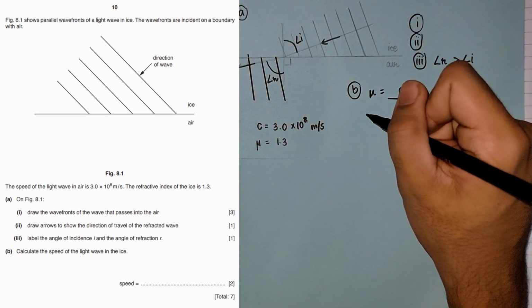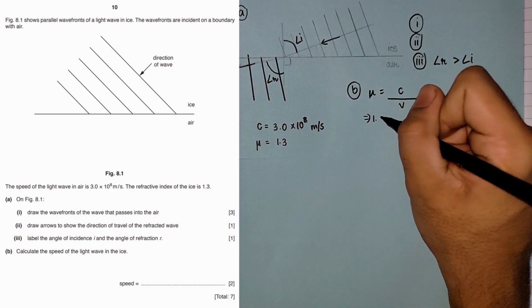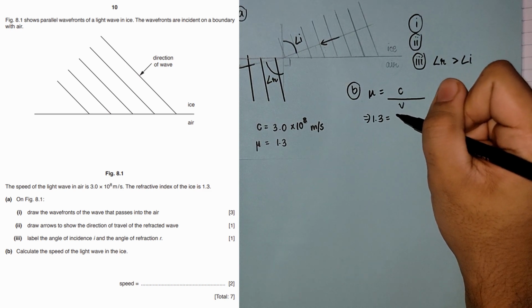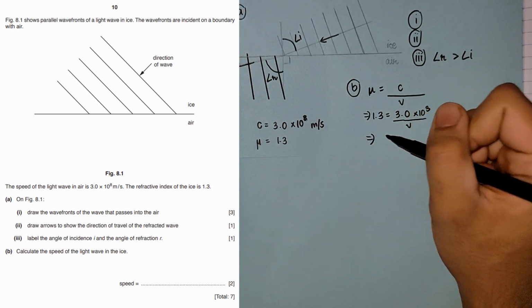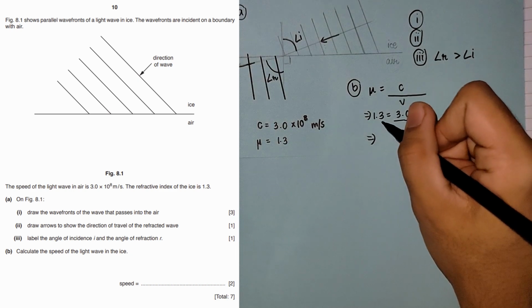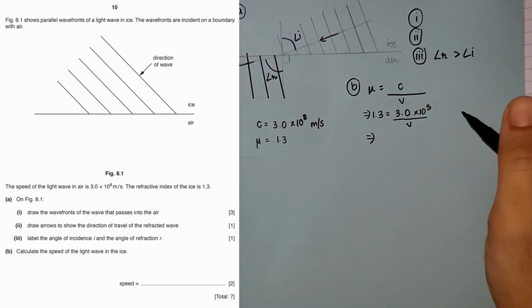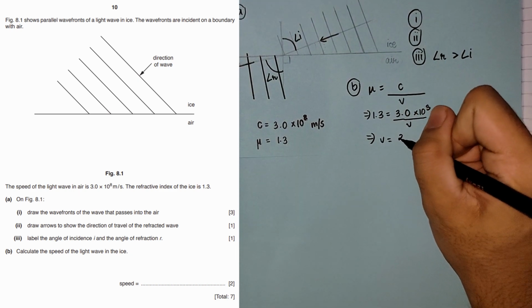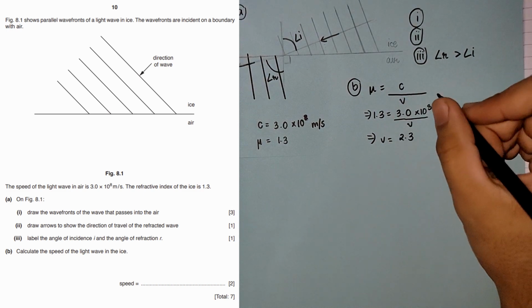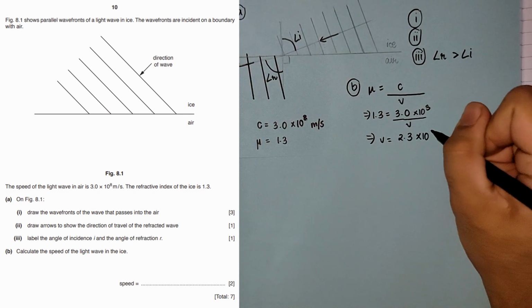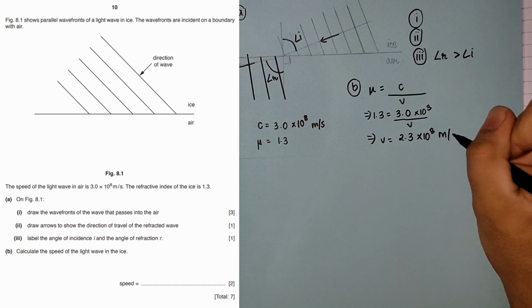In our situation, this equation becomes 1.3 equals c over v. Using calculator, we shift v to here and 1.3 comes down. V equals 2.3 into 10 to the power 8 meters per second.